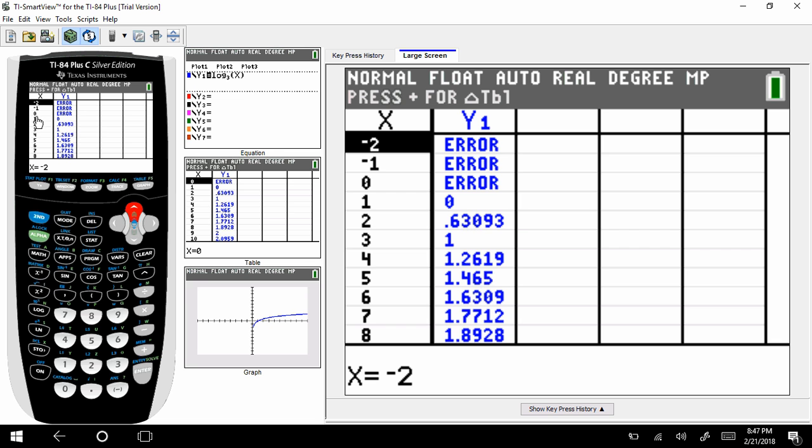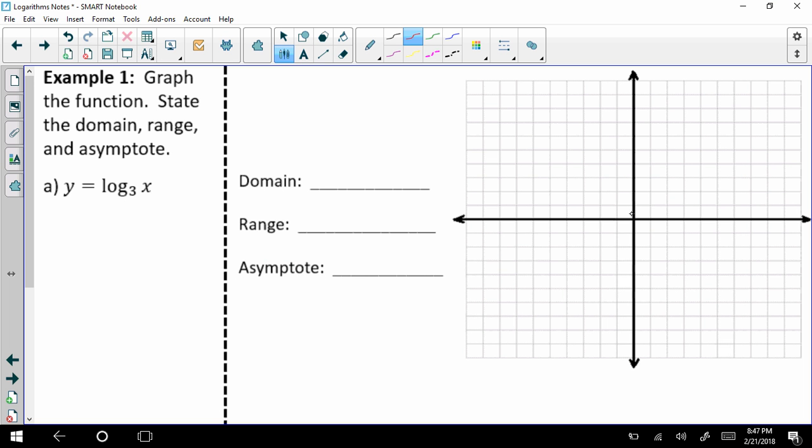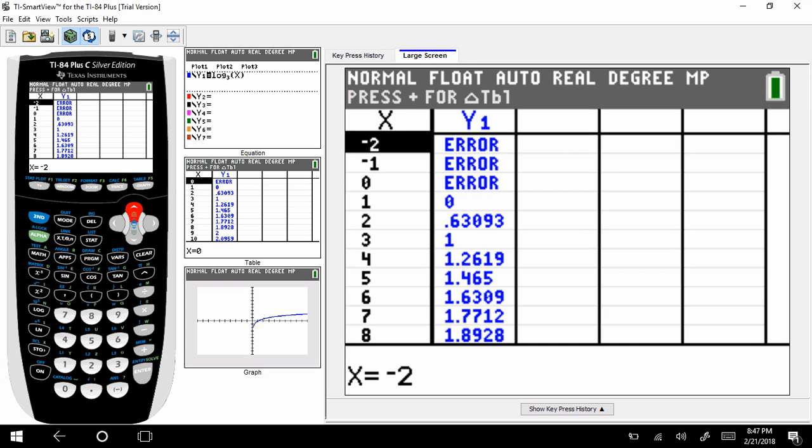So then that 0 there is your vertical asymptote. Okay, so if you look on here, you can pick 2 points to graph. So I'll pick 1, 0, and 3, 1. Easy to graph. So we go back to our graph, and we do 1, 0, and what was the other one? 3, 1.